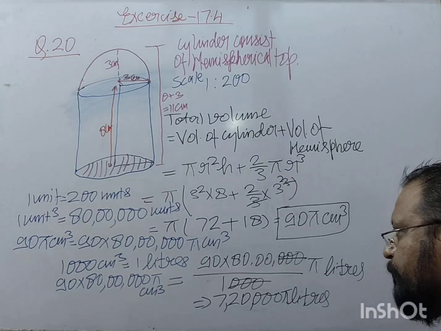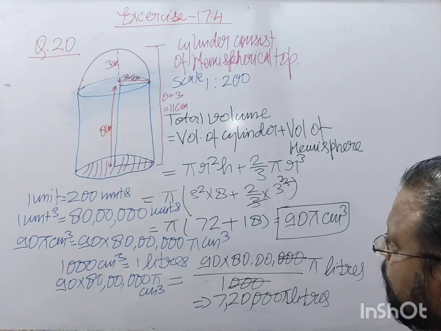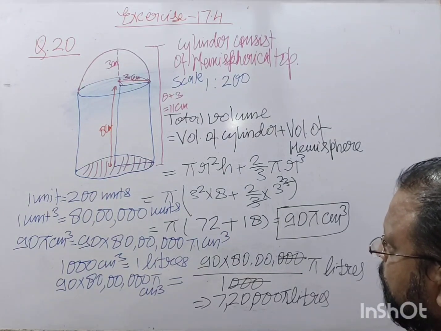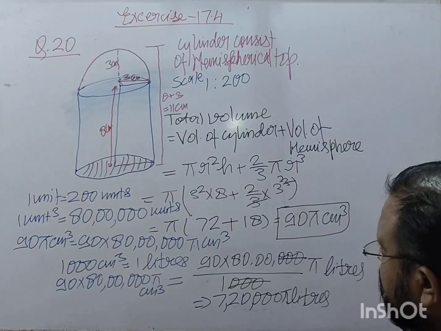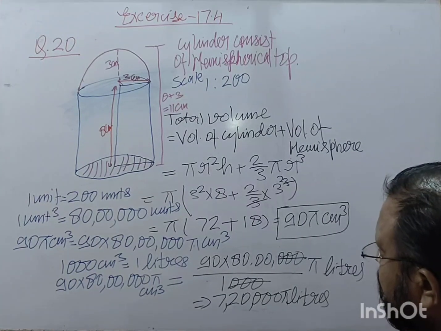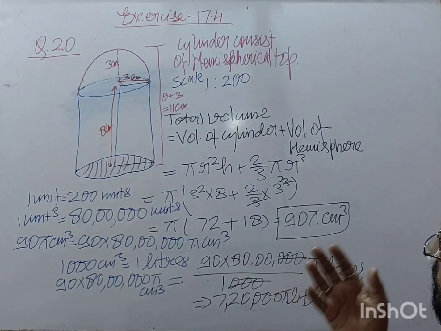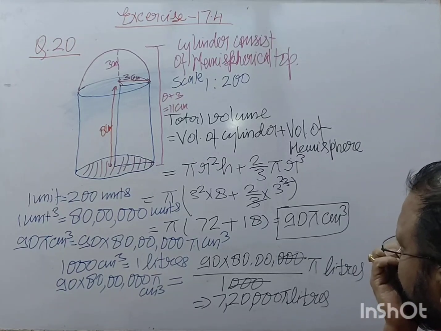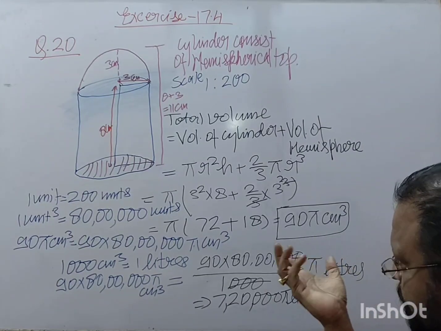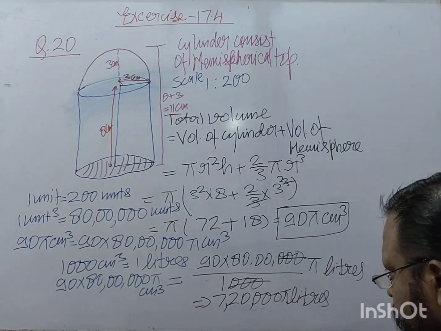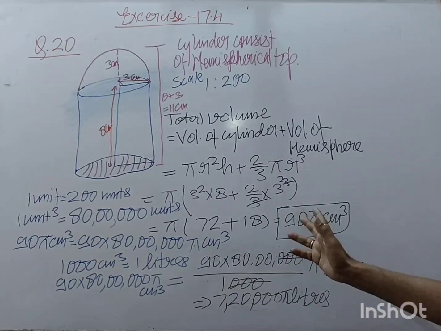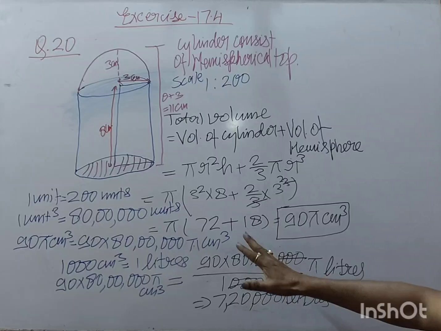So volume of cylinder plus volume of hemisphere, solve this, you get 90 pi. Pi is not going to be solved. So unit conversion is the biggest problem.